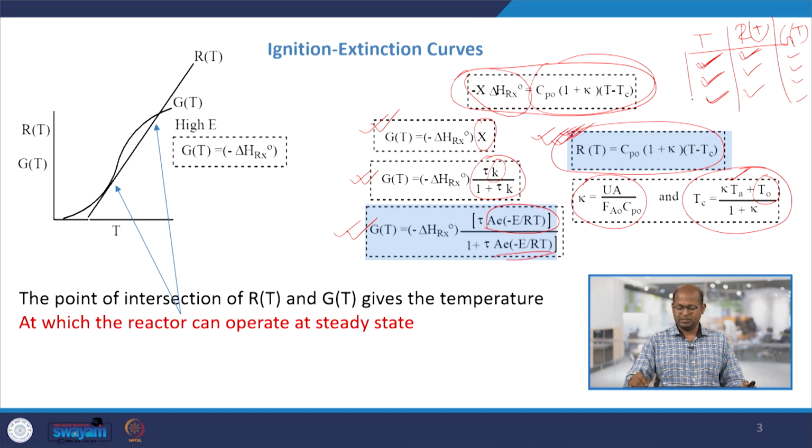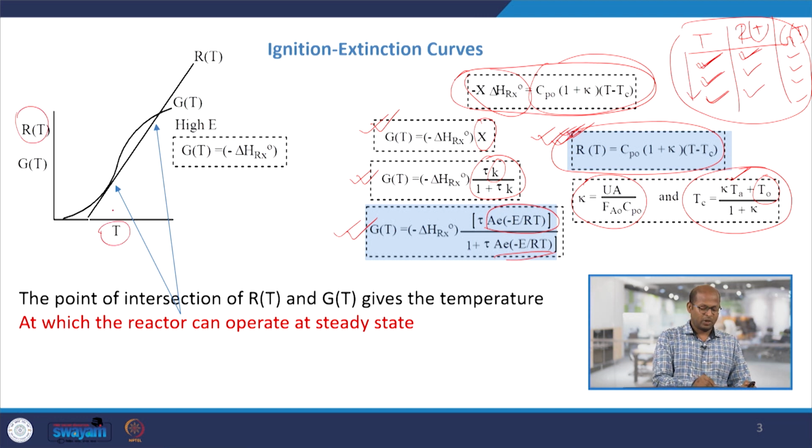If we do these calculations at different temperatures, we get tables, and from the tables, if we plot RT against T, a straight line will come. That is the heat removal line. Similarly, if we plot GT against T, the temperature, on the same graph, then the heat generation curve would look like this.